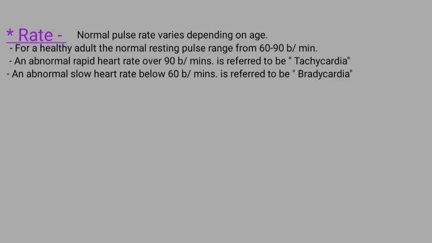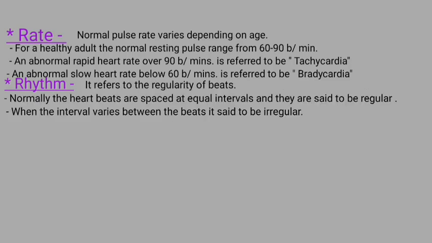An abnormal rapid heart rate over 90 beats per minute is referred to as tachycardia. जब pulse rate हाई हो जाते हैं 90 beats per minute, इसको बोलते हैं tachycardia. Then an abnormal slow heart rate below 60 beats per minute is referred to as bradycardia. जब pulse rate slow हो जाते हैं 60 beats per minute, तो उसको बोलते हैं bradycardia.